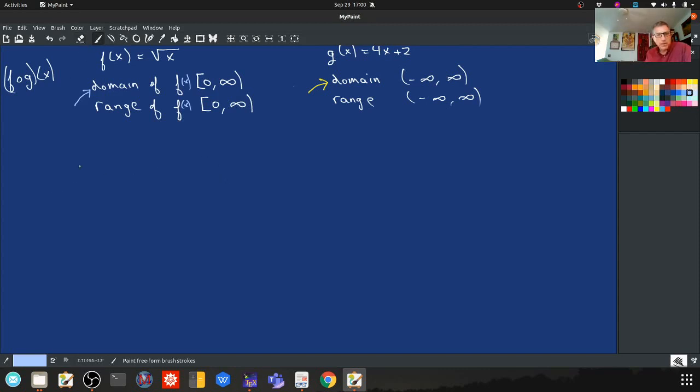So now we're going to ask the question, what is the domain of g composed of f? So you need to know what it is. The domain of g composed of f is all elements. Where are we taking them?